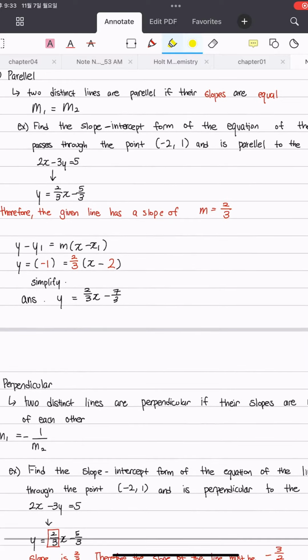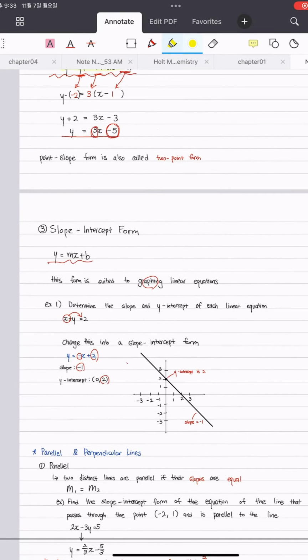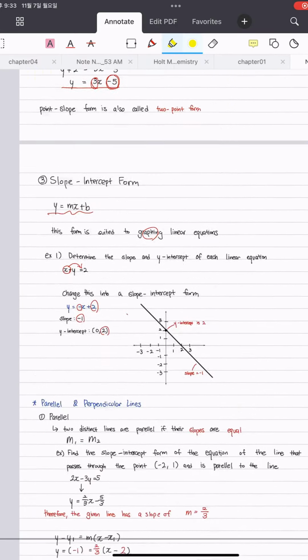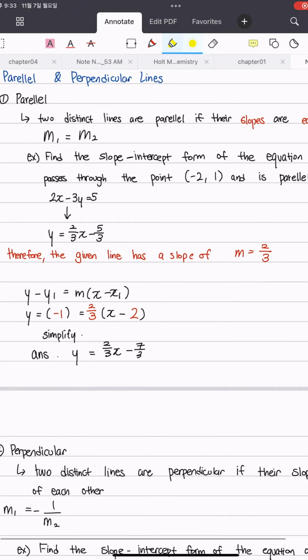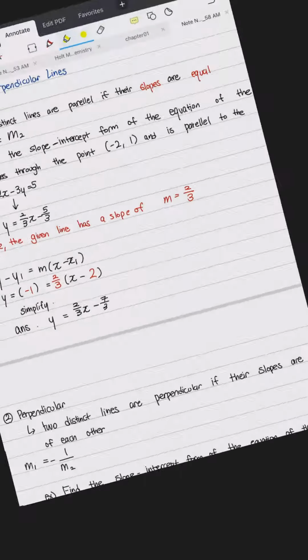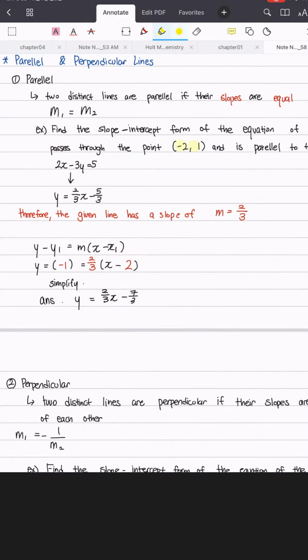Now let's put this in point slope form. So here, since the point slope form is y minus y1 equals m multiplied by x minus x1, we can use the points that this question told us.